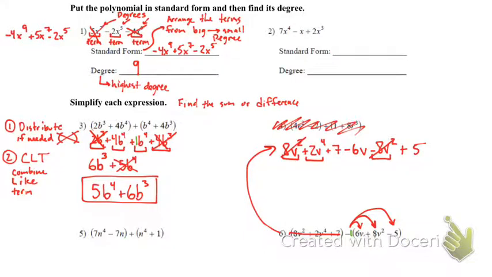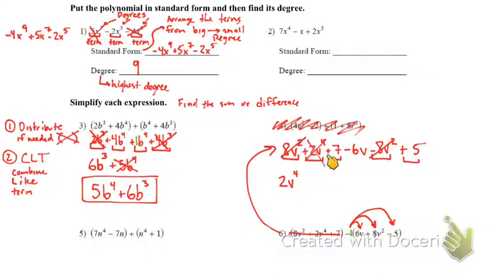We go on to the next term. So I'm looking for v to the 4th. And you'll notice I do not have any v to the 4th, so I'm just going to write him down. Cross him out because I'm done with him. Go to the next term. I have a constant. Remember, a constant is a number without a variable. So I'm looking for another constant, and I have one here, positive 5.